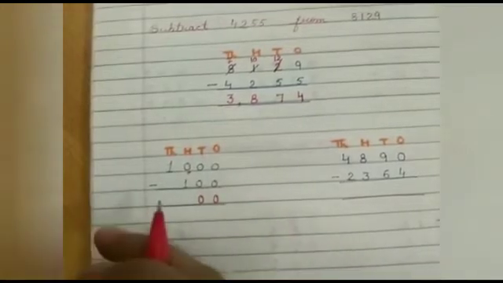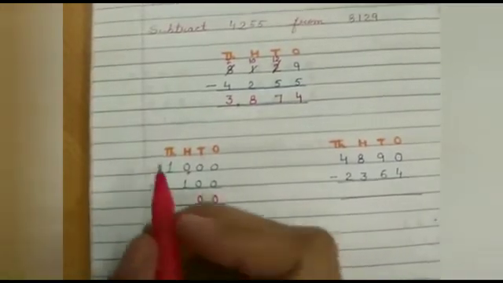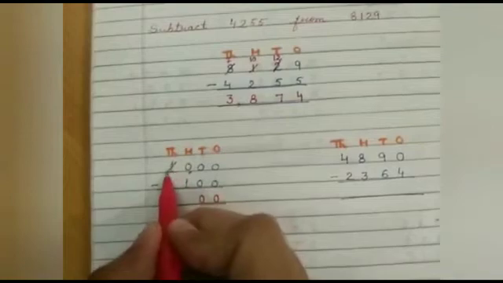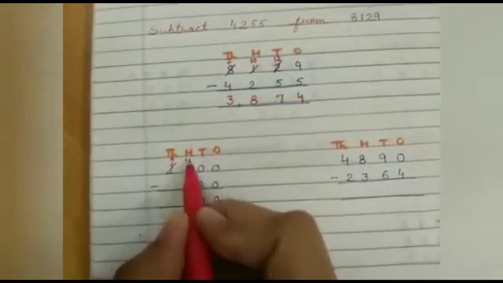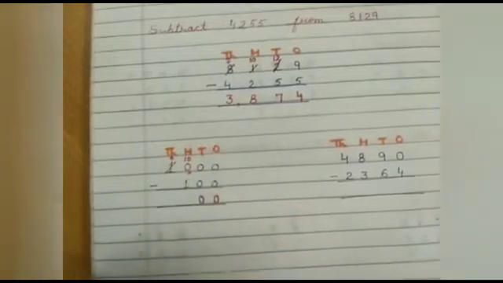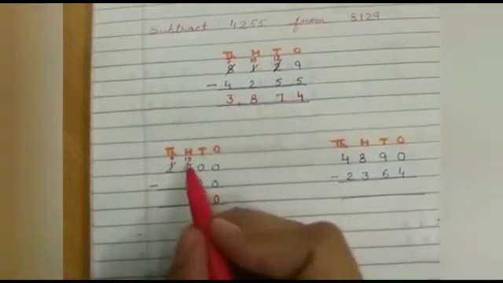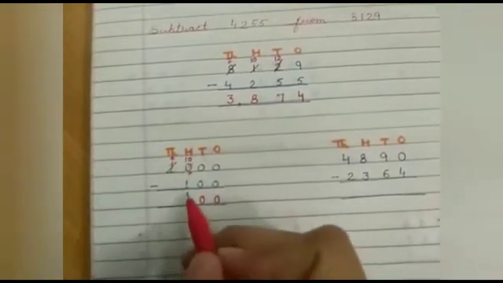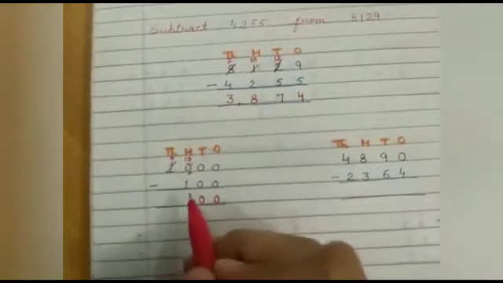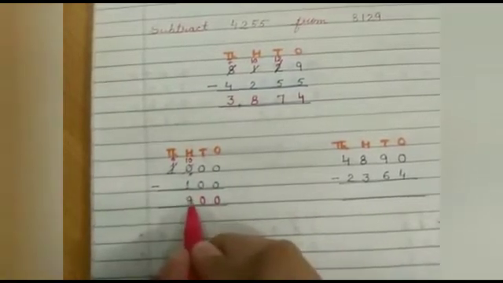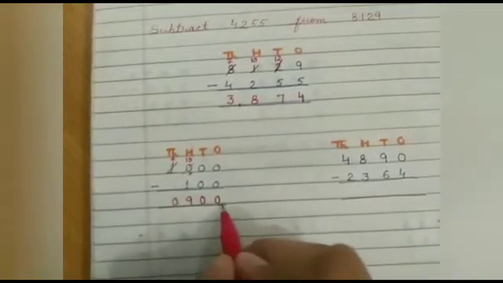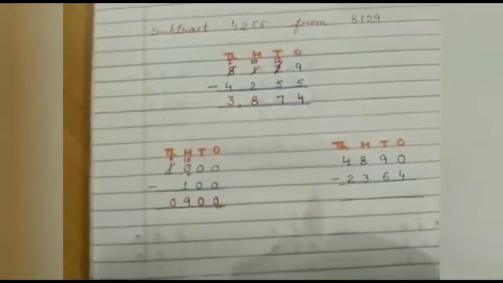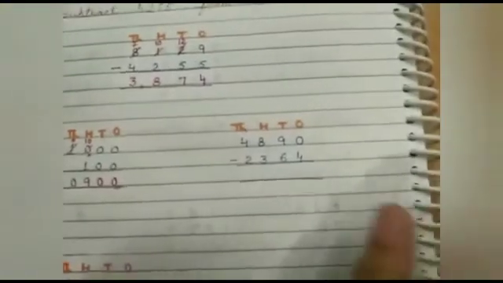We will borrow from the thousands place. If we borrow from the thousands place, it will change into 0 and it will become 10. So now you can easily subtract 1 from 10. 10 minus 1 is 9, and this one 0. So our answer is 900.